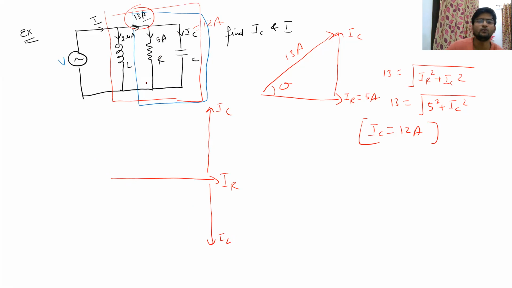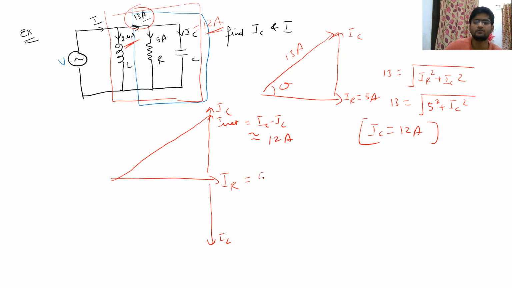And since we know that IC is 12 ampere and IL is very, very less at 2 microampere, the resultant current I net, which is IC minus IL, is almost going to be equal to how much? Sorry, we just calculated it to be 12 ampere, right?